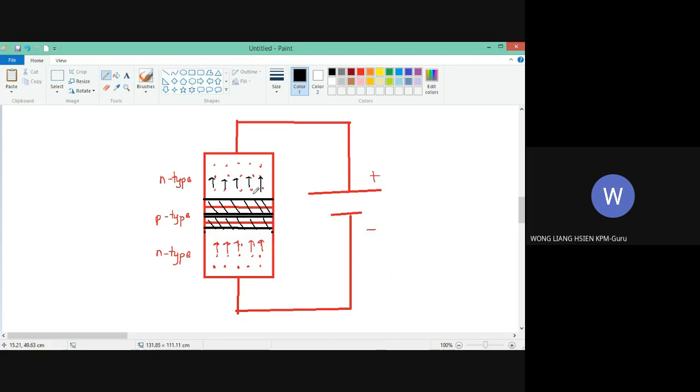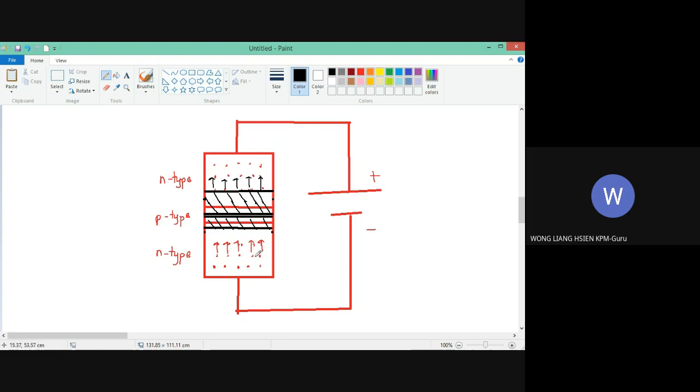Near the junction the electrons move away, so there are no electrons, and that means the depletion layer will become wider.